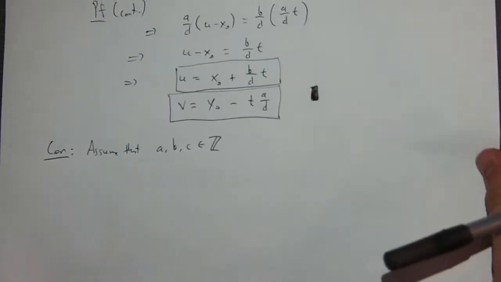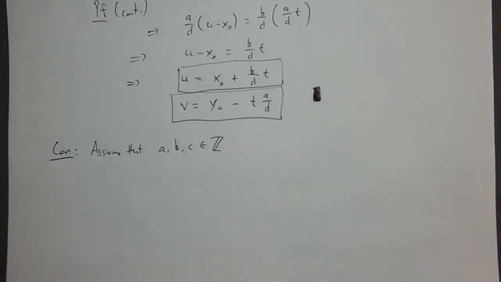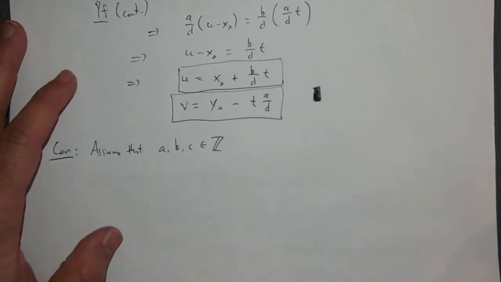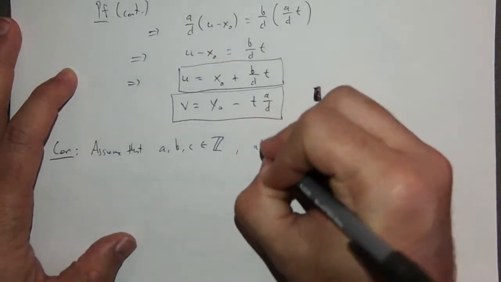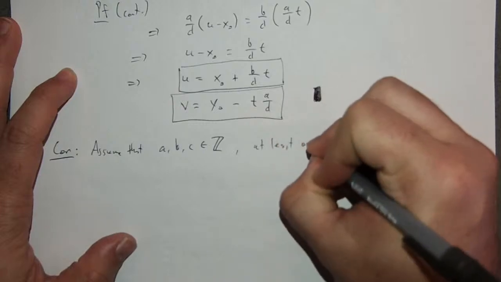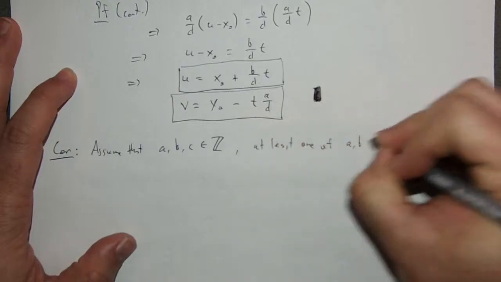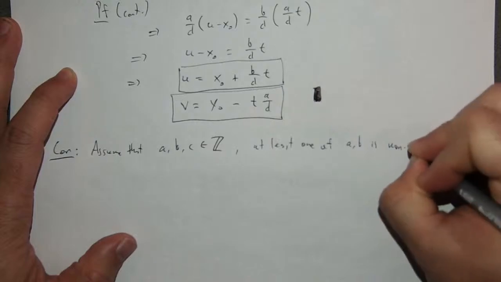So now this corollary that I'm going to write will look a little bit less confusing. Assume that a, b, and c are integers, and let's say at least one of a, b is non-zero.